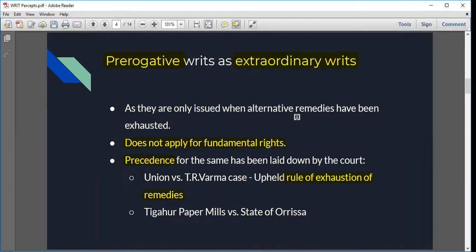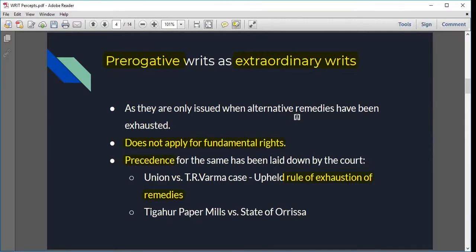Like these days in newspapers, we are hearing the term extraordinary times. These are not general times. Similarly, extraordinary writs are those orders which are issued when all other means to approach the court have been tried, or are not in place. There can be certain cases when there are no concerned laws related to it.